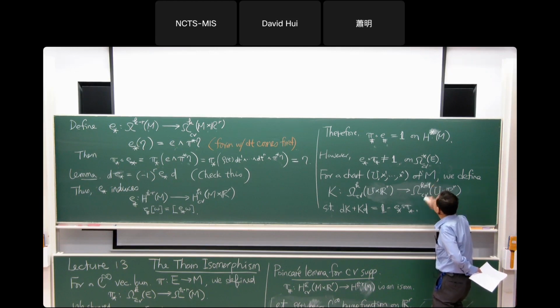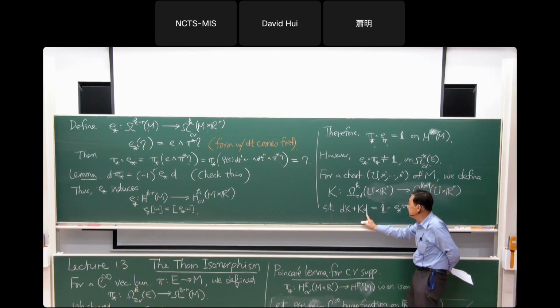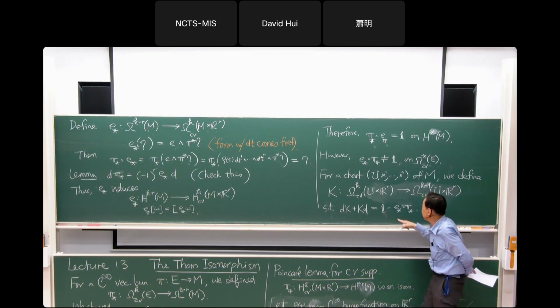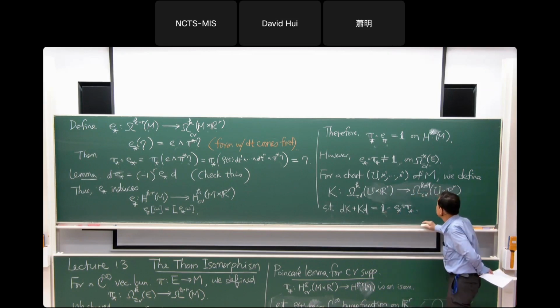Because D increases the degree by 1, so K should decrease the degree by 1. So that this preserves the degree, because on the other side you have the identity, which preserves the degree.